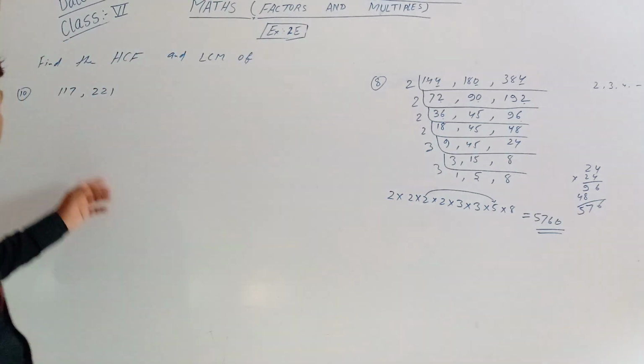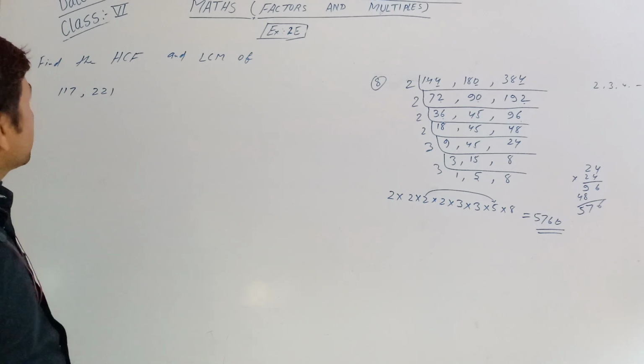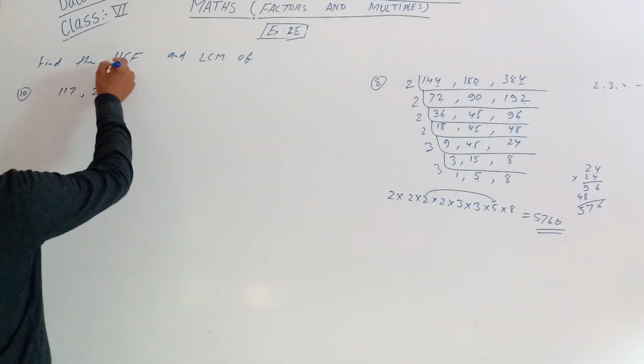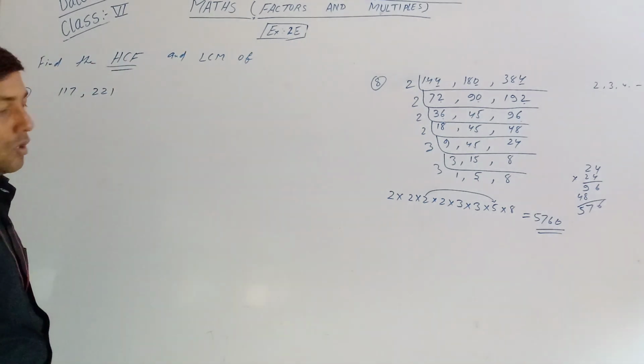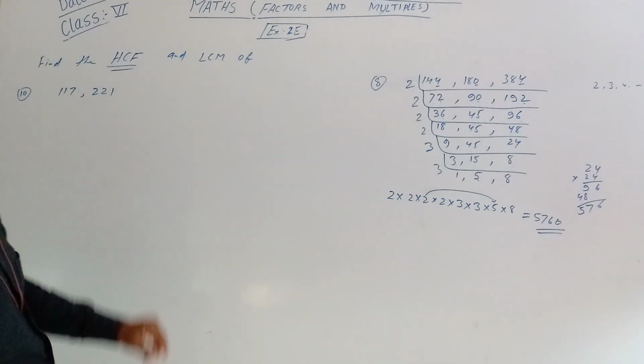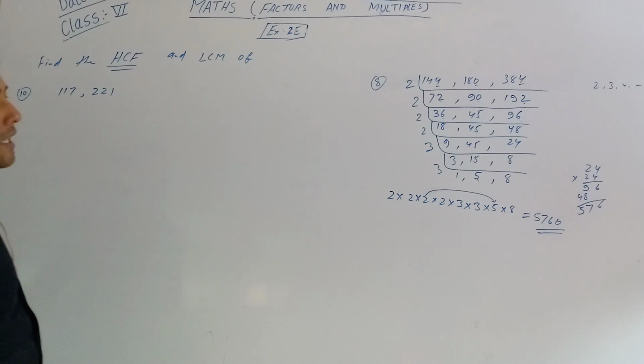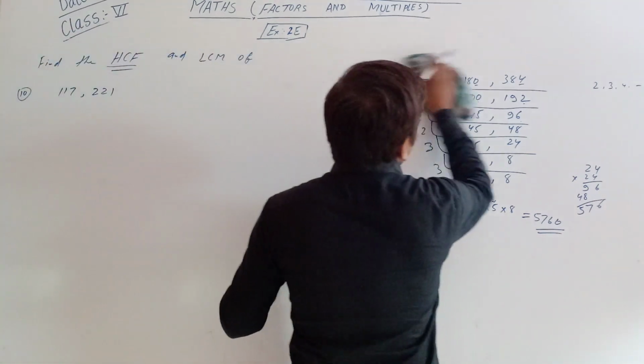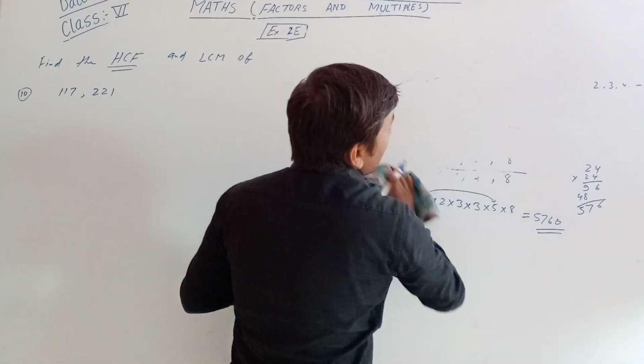Number 10 question says find the HCF and the LCM of these numbers, 117 and 221. Okay, so first we have to find the HCF and then the LCM.